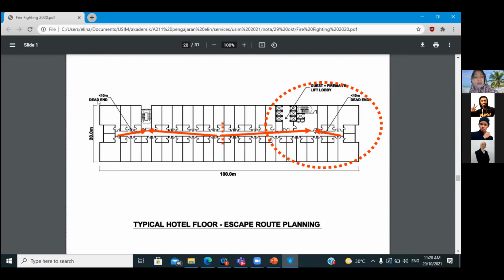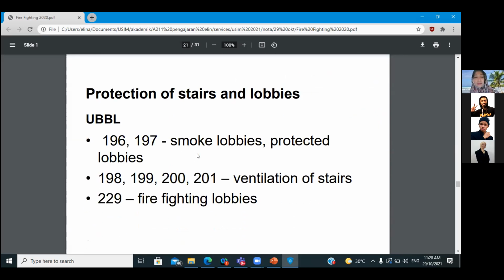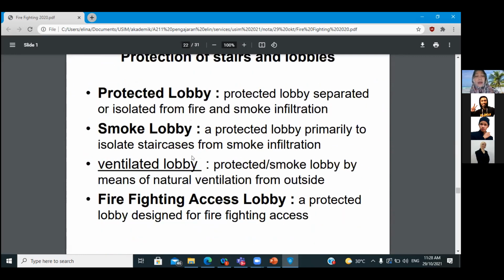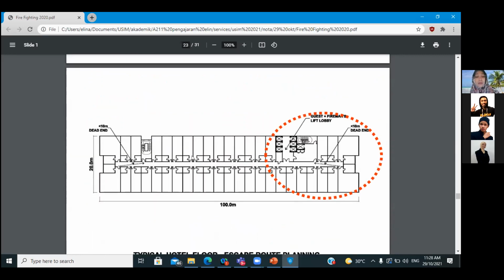This is actually dead end, not more than 10 meters. Read this one. Some of the buildings need protected lobbies, enclosed with walls. Some of it can be open.